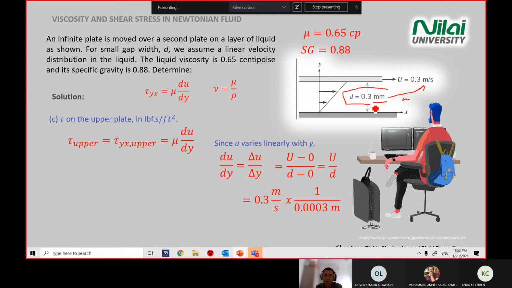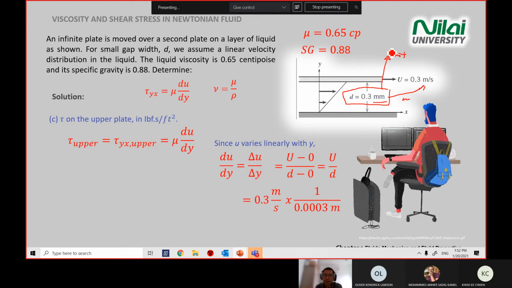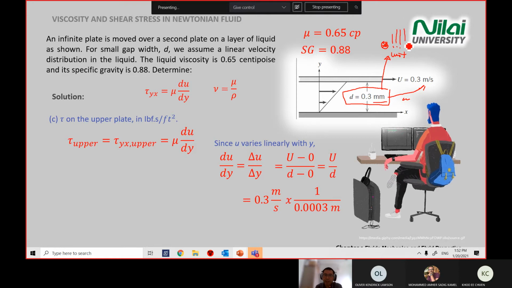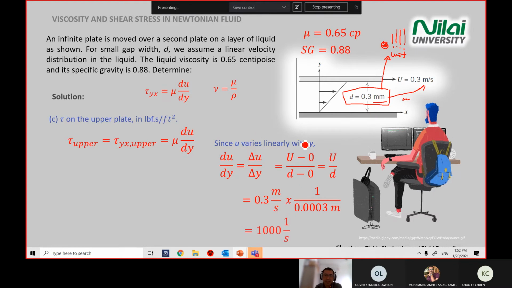Again, this error of forgetting to change unit is repeated almost every semester. There will be at least one student who falls into this trap. So take note. Even if I remind them, they still do the same thing. So you get your du dy value in a unit of 1/second.